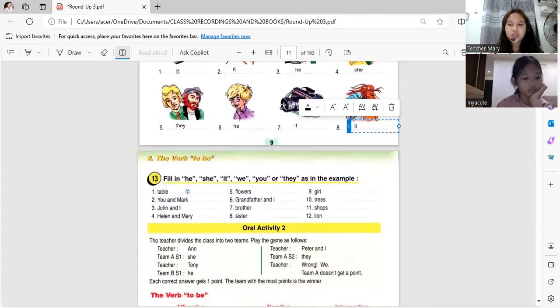All right. Let's proceed to the second activity, which is the verb to be. When you say to be, like he, she, it, we, you, or they, as an example. Okay, for example, number one, table. A table is a thing. So you will use it. Okay, for number two, you and Mark.